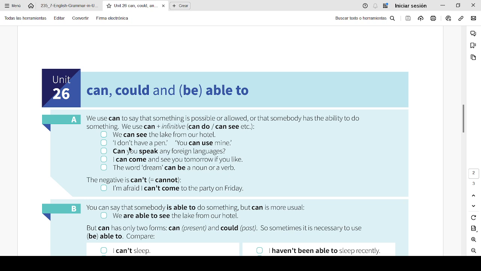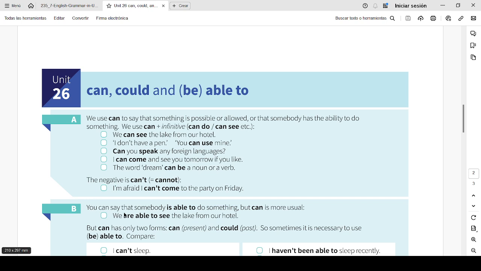Next one, can you speak any foreign languages? I can come and see you tomorrow if you like. The word drink can be a noun or a verb, right? The negative is can't or cannot.